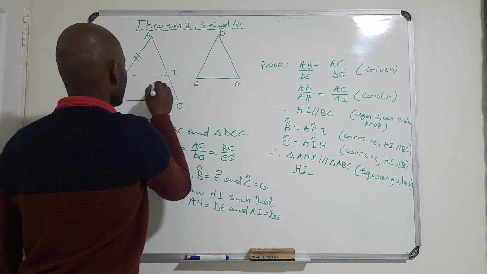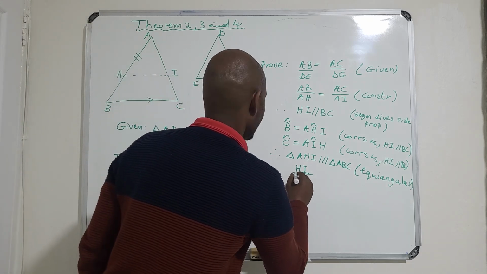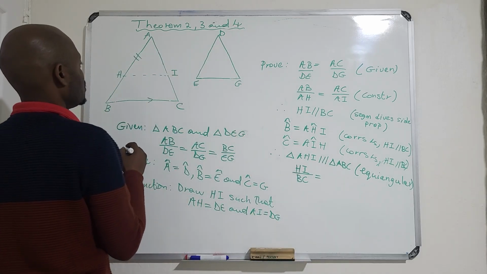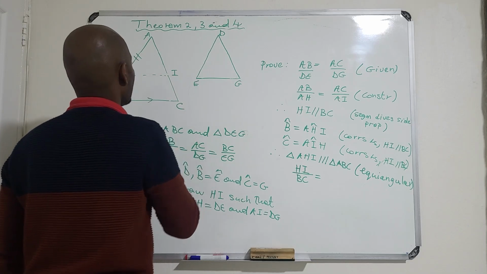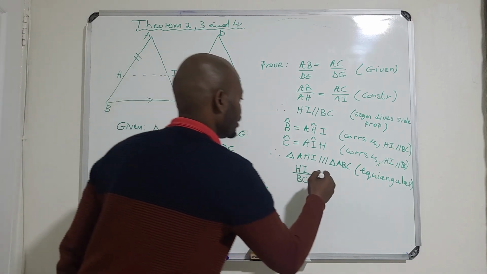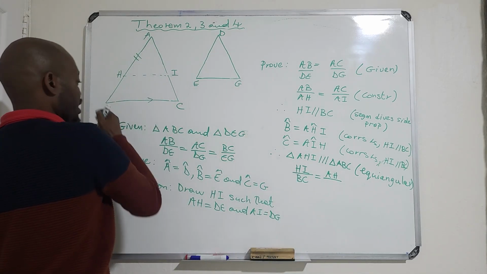Therefore, this over that over BC is equal to, since I started with the small triangle over the big triangle, I'm going to start with the small triangle AH over AB.